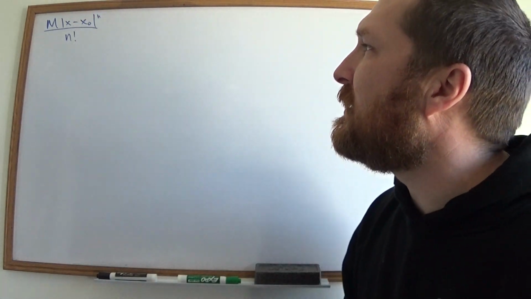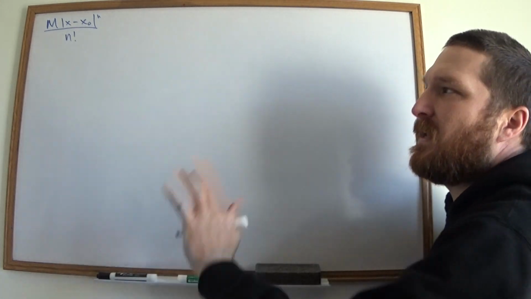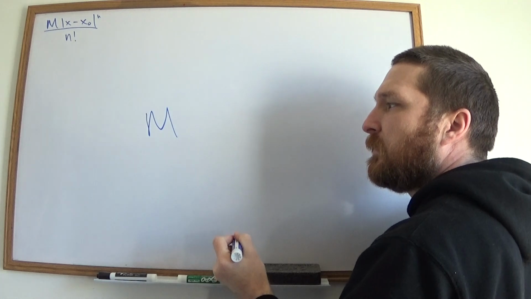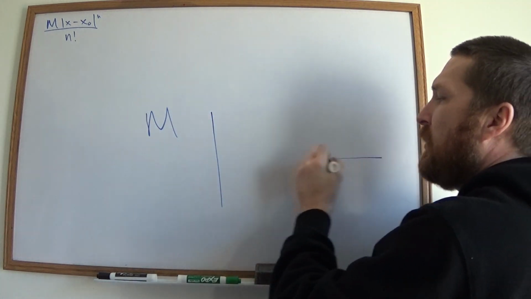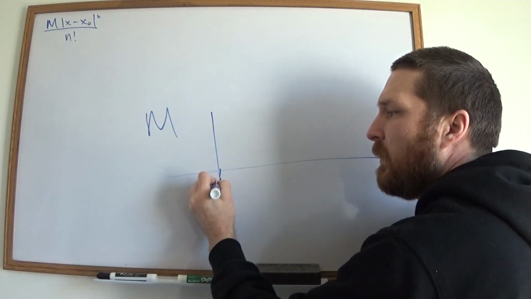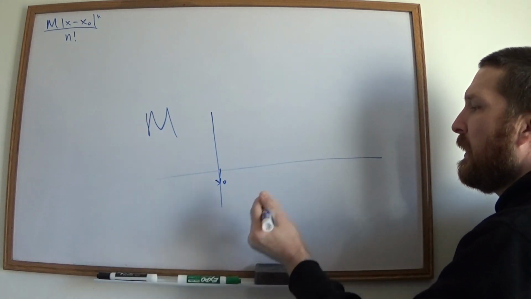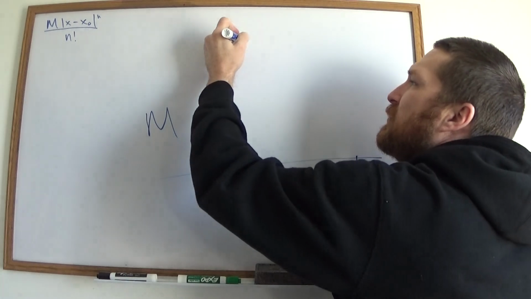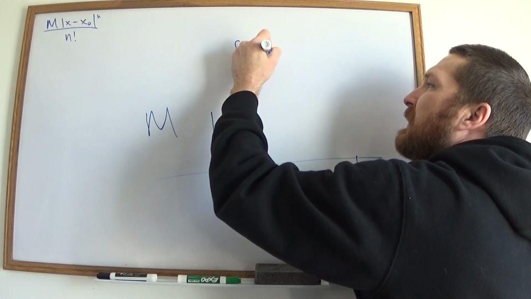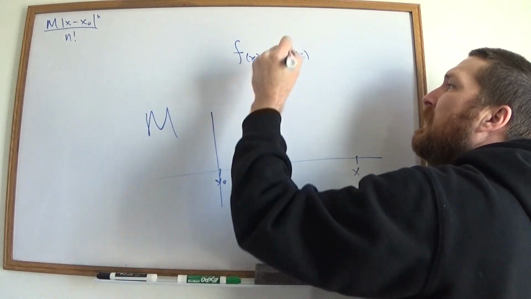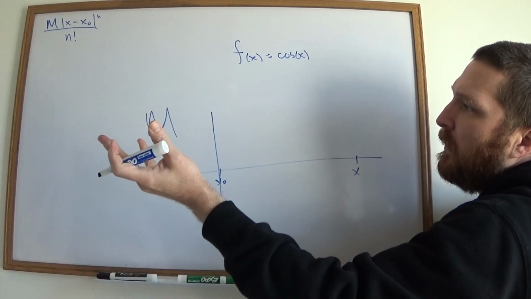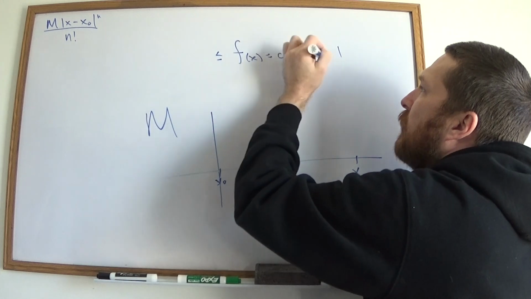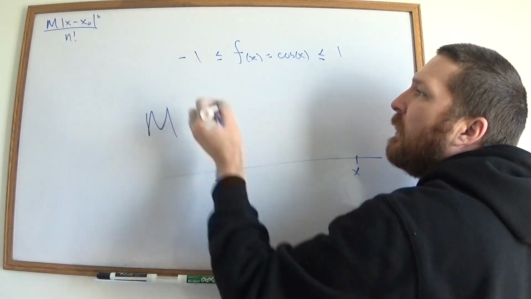Let's say that you have this set up. You had some function, you found what m had to be on some interval, and right now you've found your x0, maybe it's 0, and you have your x that you want to do. So, for instance, we had an f of x like cosine x. And we said, well, m could be 1 because it's always between -1 and 1.